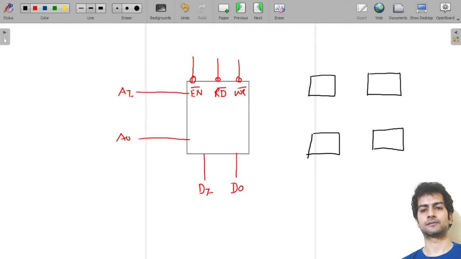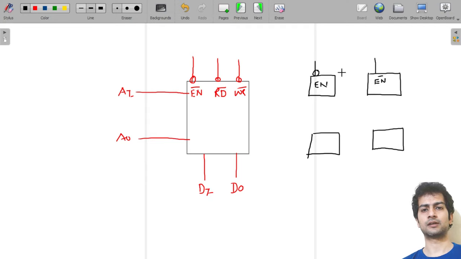I'm talking about the enable pin. Most of the time we get confused about when this pin will get activated and when it will not, and what input you have to take for the higher order or low order address lines depending on the question. So we will have four arrangements here.